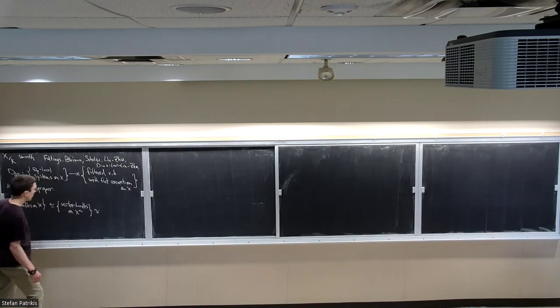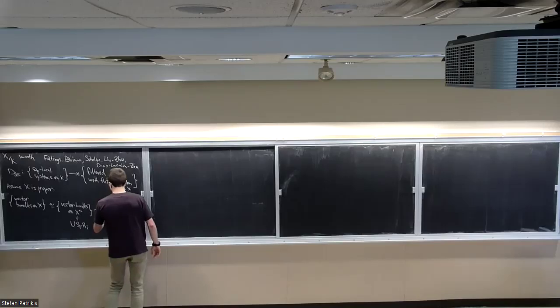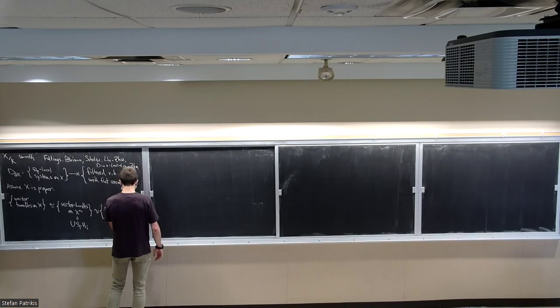So if you could find a cover of this space by affinoid algebras, then maybe not so surprising that you can think about vector bundles using gluing data. So it's a collection of vector bundles on these charts plus gluing data.